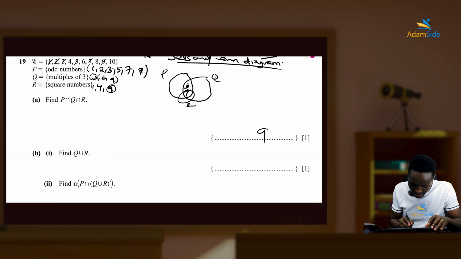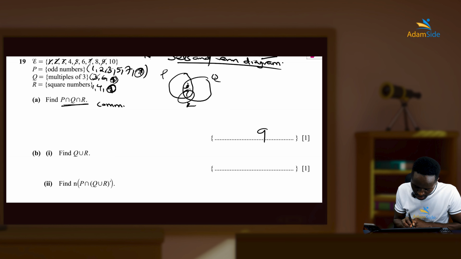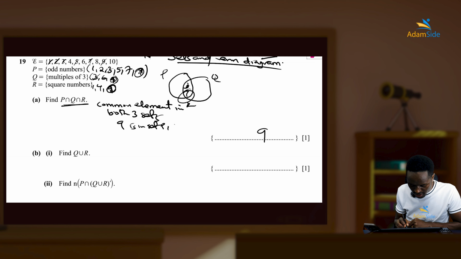That's the only number that is in all three sets. So you can see 9 is in set P, Q, and R.